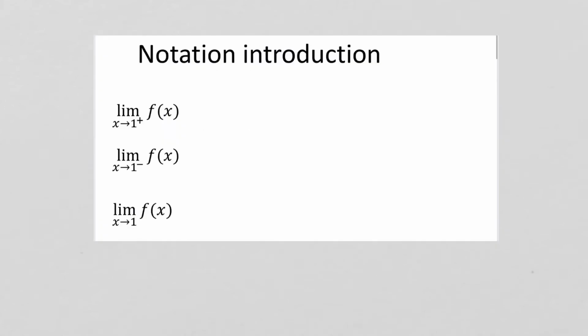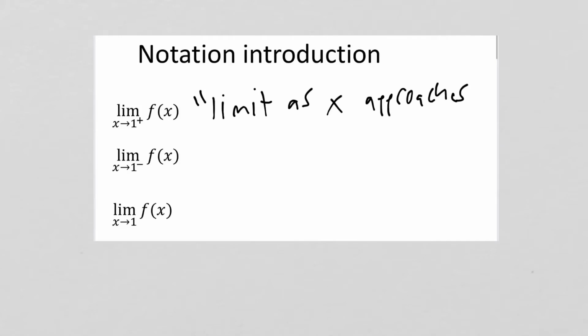When you read this, you see this lim, and then under it x with an arrow, and then 1 with a plus sign in the exponent area. How you're going to read this is the limit as x approaches. All of them are going to start with the limit as x approaches, so I'm going to leave that up top here.